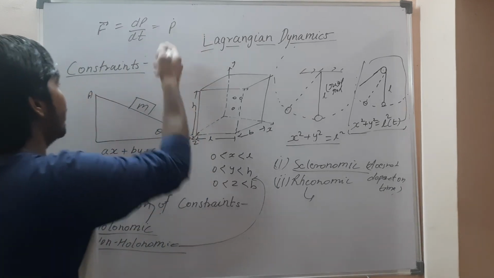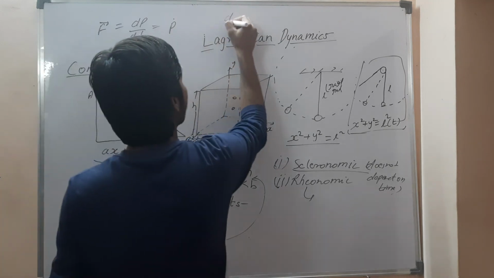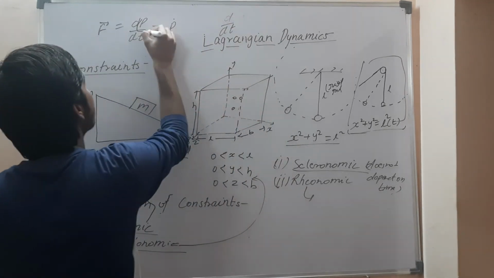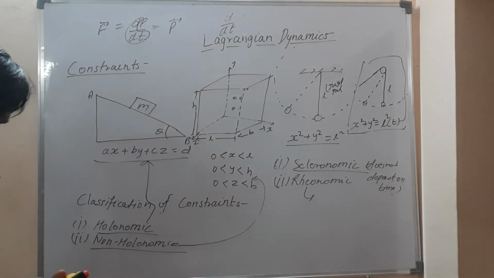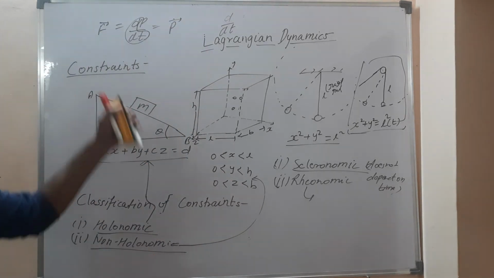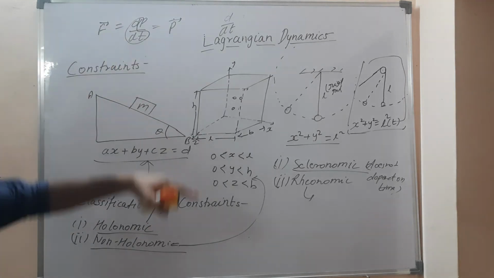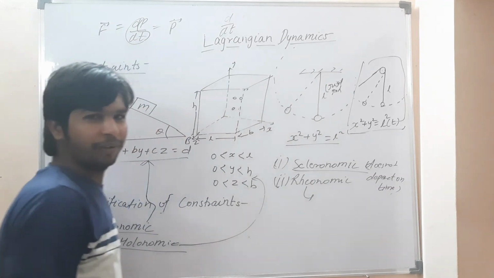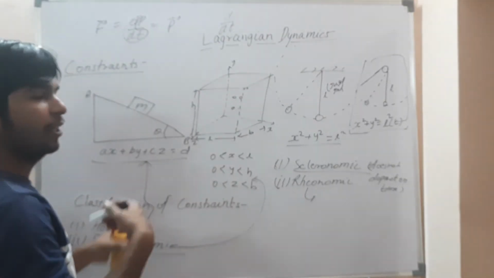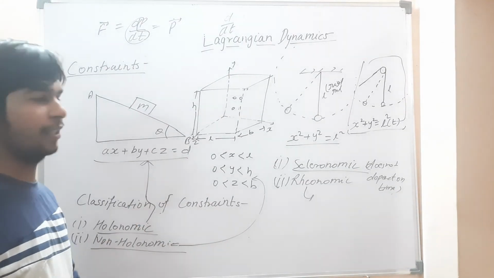The dot is nothing but d by dt, so I kept it as a dot. Using this, we will understand, and then we will start generalized coordinates. First we will understand why we need generalized coordinates, then we will see the generalized coordinates next.